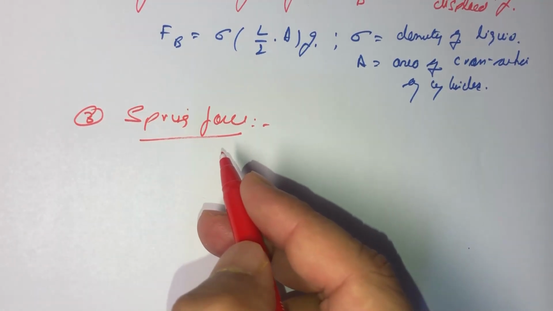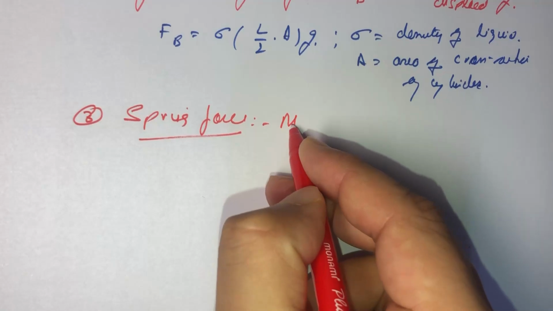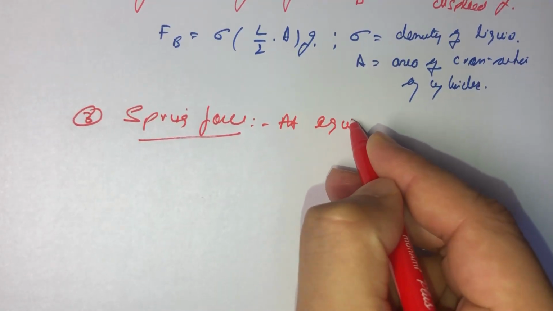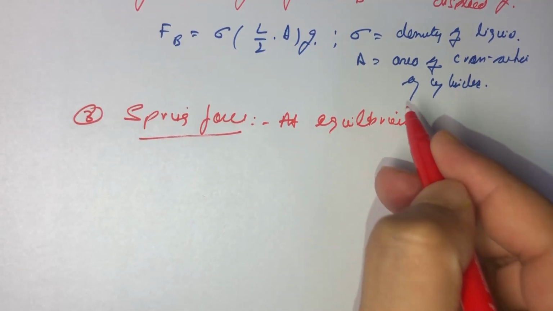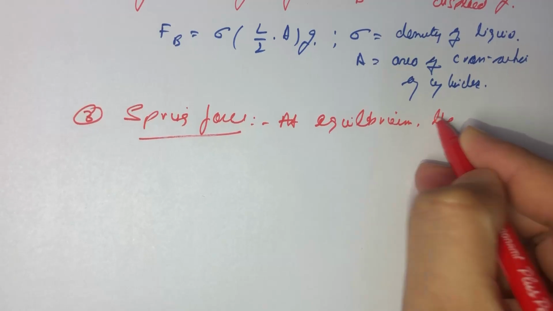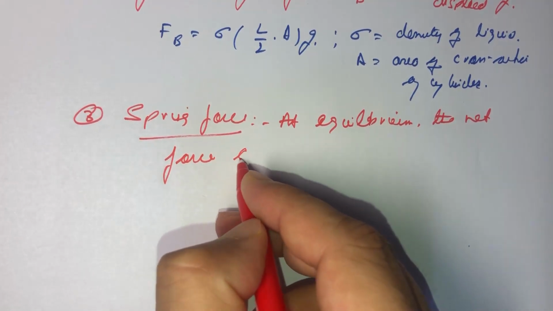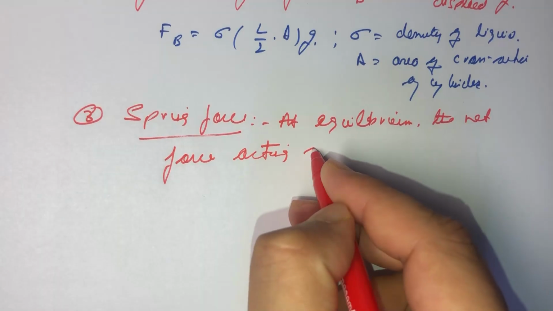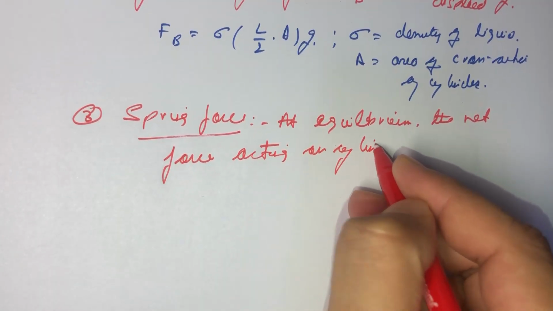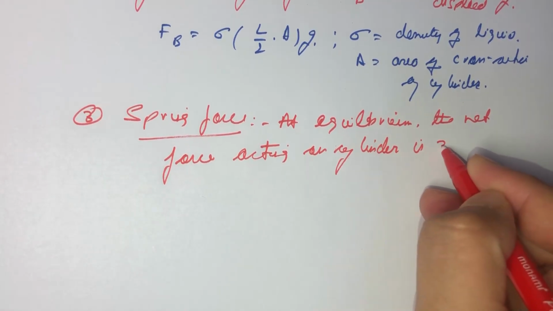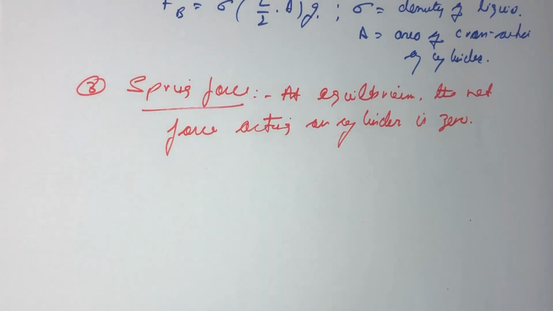So we can write that at equilibrium the net force acting on the cylinder is 0. So the downward force due to the weight of the cylinder is balanced by the upward buoyant force as well as the restoring force of the spring.